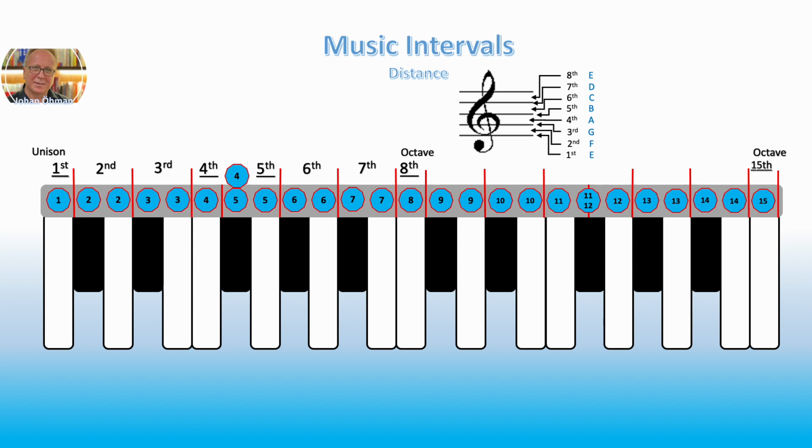If you look at the musical staff there, the distance is expressed as a move across the lines. If you go from the bottom, the E note would be on the bottom line, and if you want to measure the distance to the G, you would come up to the second line from the bottom, and that would be a distance of a third.